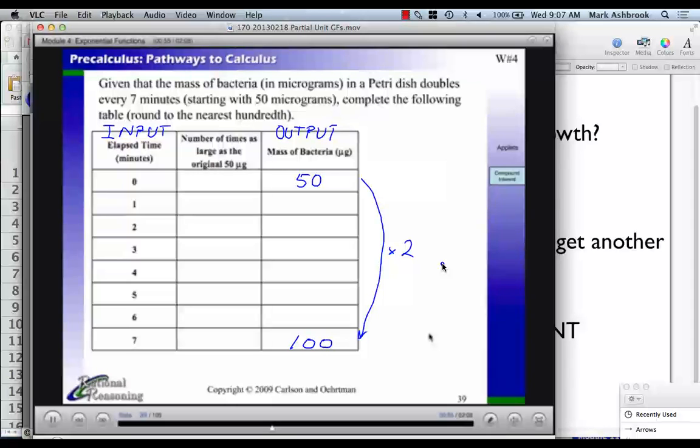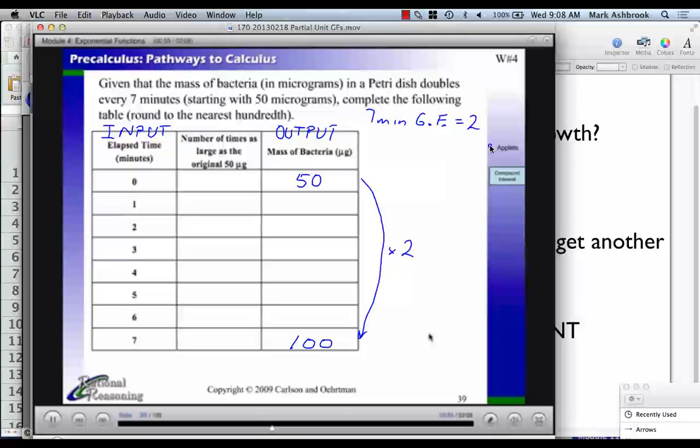Which growth factor is this? So now we're saying in a situation we have many growth factors, not just one anymore. This is our 7-minute growth factor, and it equals 2. So now we said growth factors are multipliers on output to give the next output. But now that we have many growth factors, input comes into it.